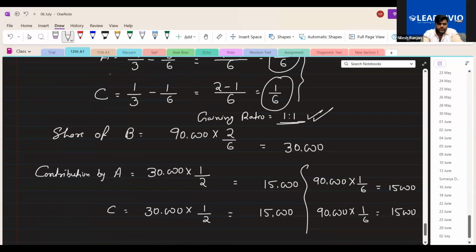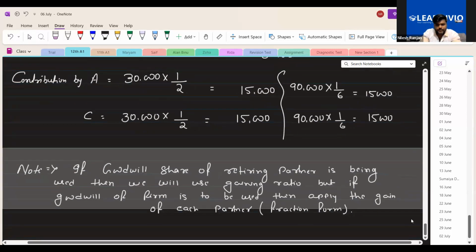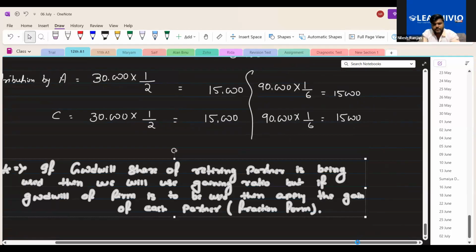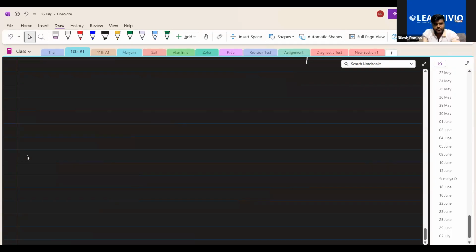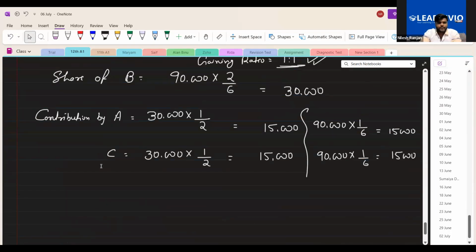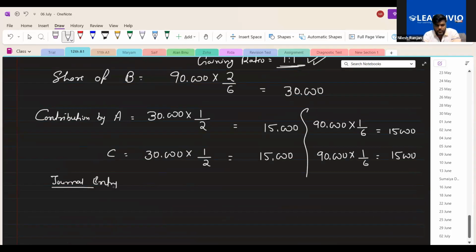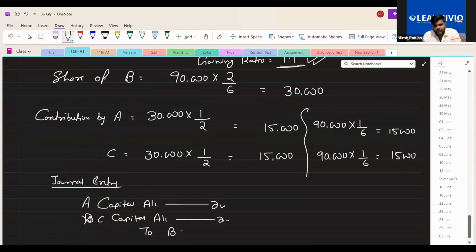Okay, actually, in this part, I have not completed the journal entry. The journal entry will be: A capital account debit, C capital account debit, to B capital.